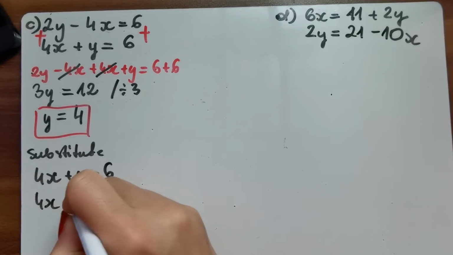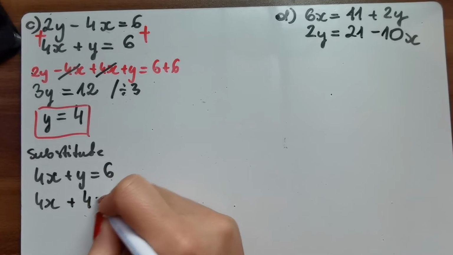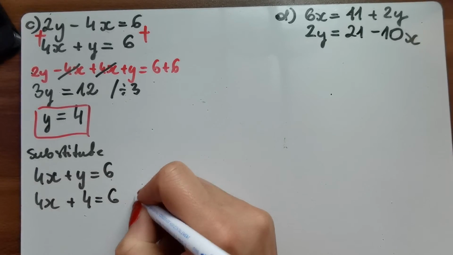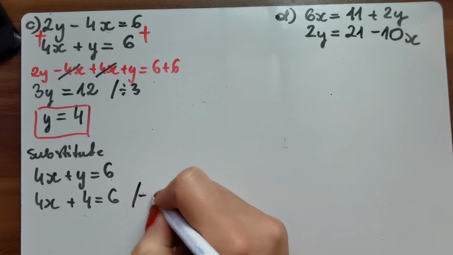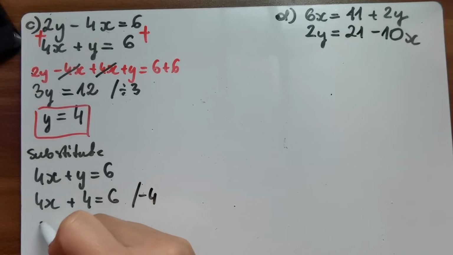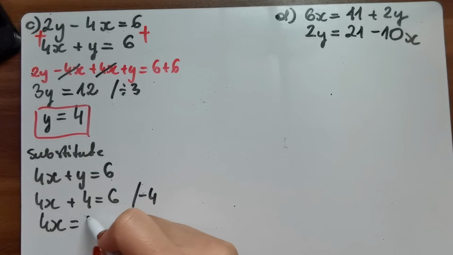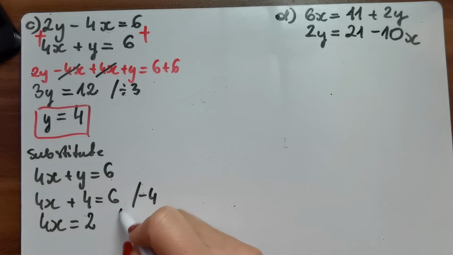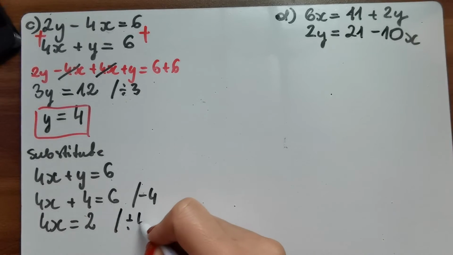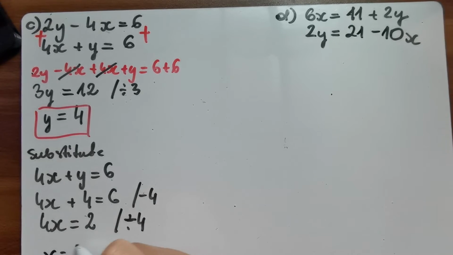So 4x plus simply 4 is equal to 6. I need to take away 4 from both sides, opposite operation. So 4x will be equal to 6, take away 4, 2. So now I need to divide by 4 both sides of the equation. So x will be equal to half.